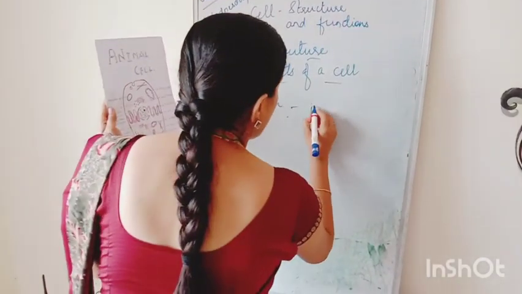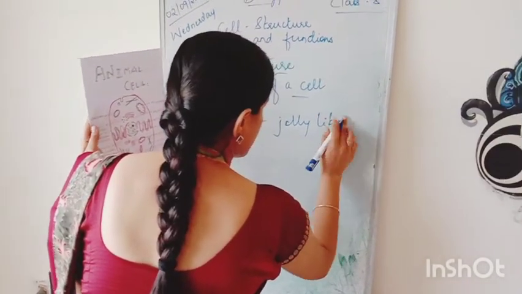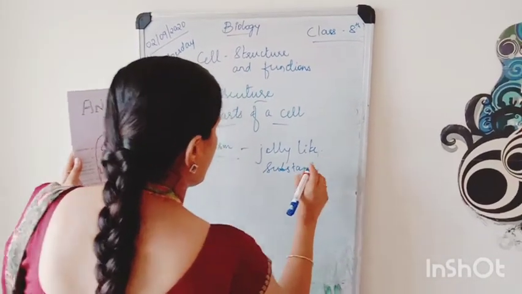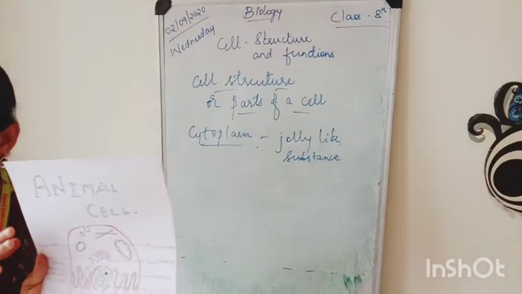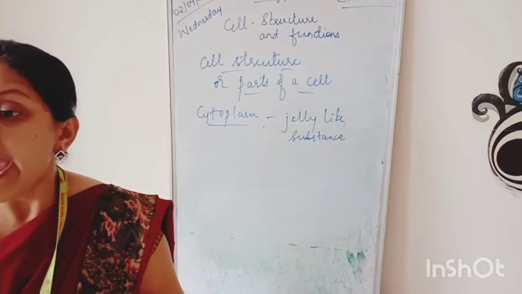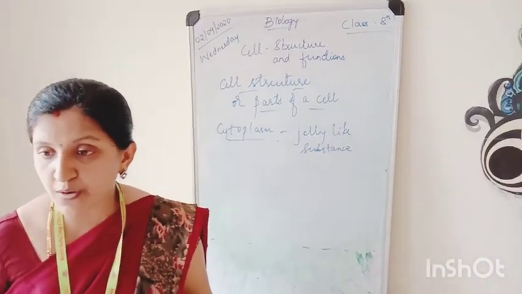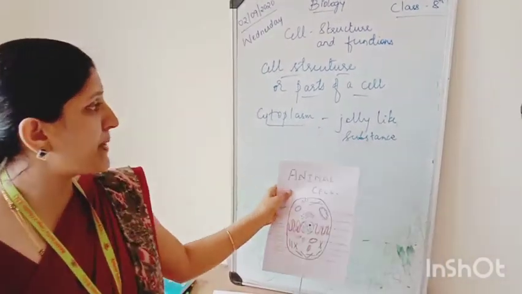It is a jelly-like material, a jelly-like substance where organelles are suspended. There are different organelles like the endoplasmic reticulum, Golgi complex, mitochondria, lysosomes, ribosomes. All those are present in the cytoplasm.